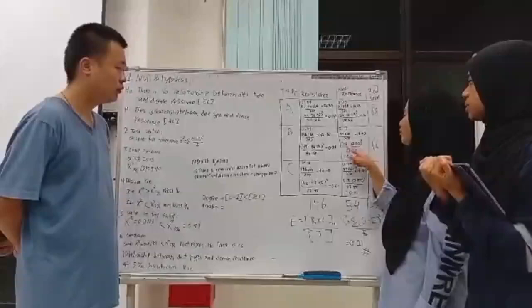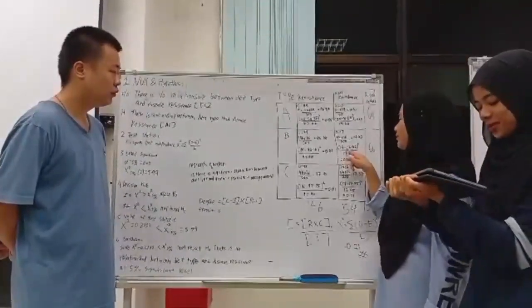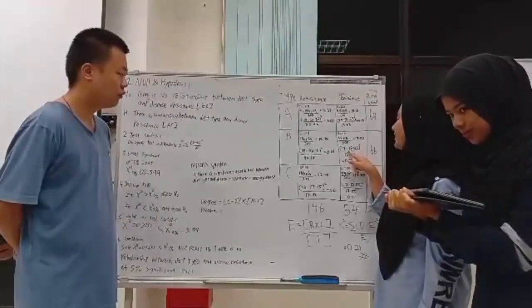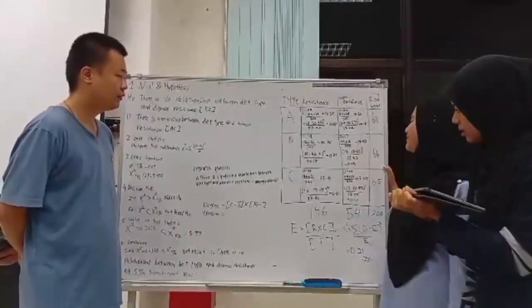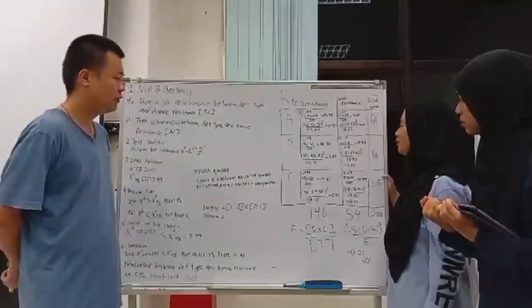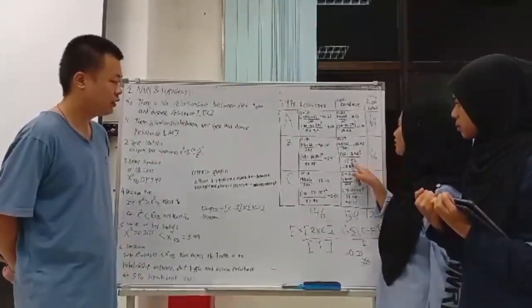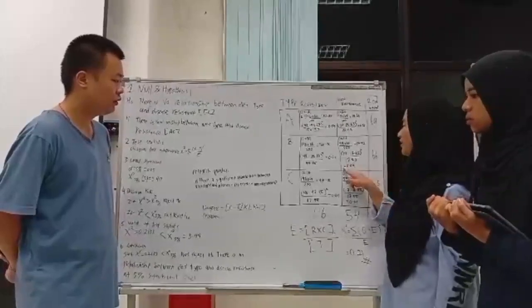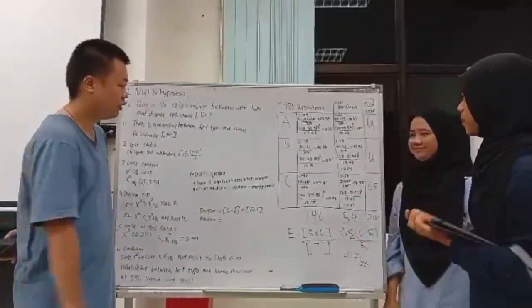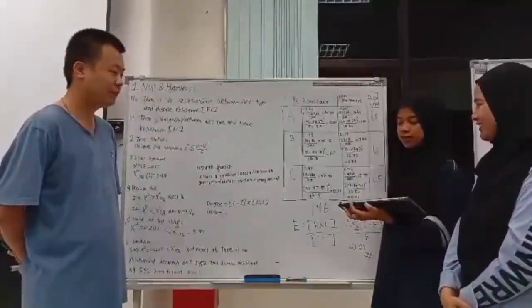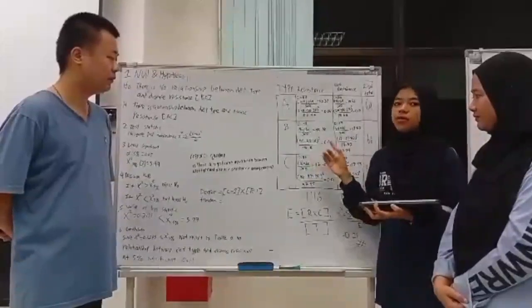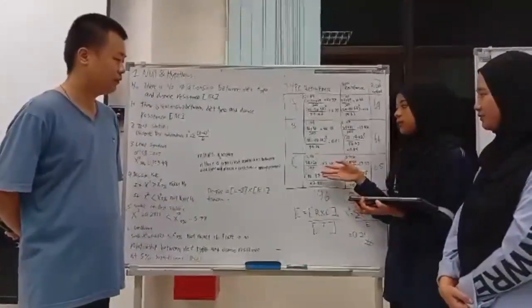For this, 17 minus 17.82 squared divided by 17.82, we get 0.04. For type C, we use the same formula and the same steps.